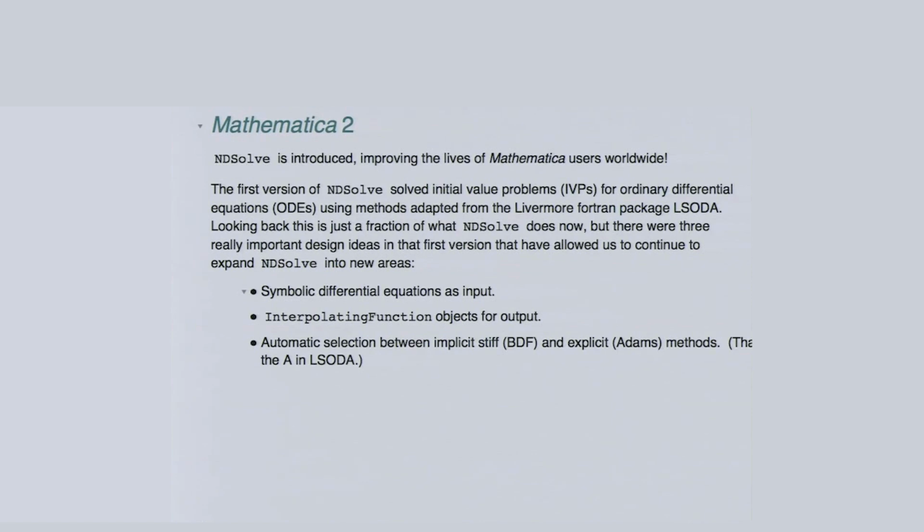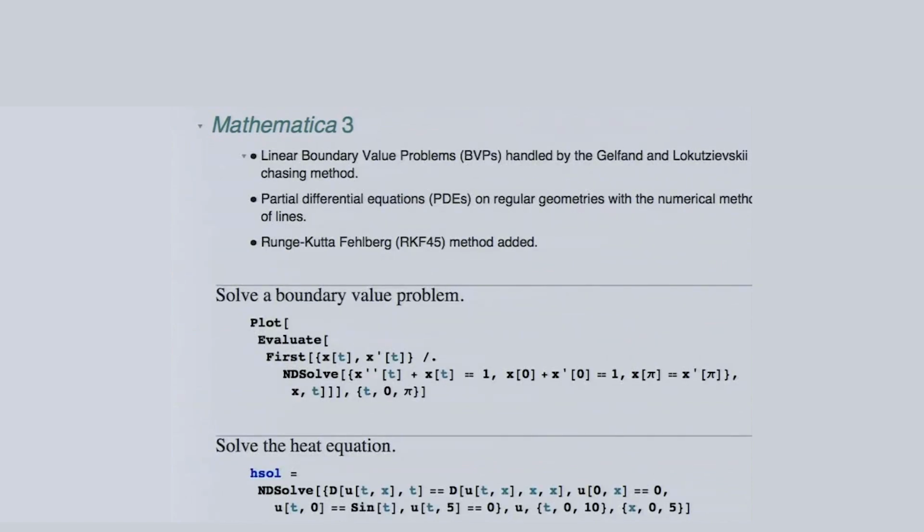So that was version 2, and those three innovations really set us up to be able to do a whole lot. Okay, so in Mathematica 3, we added a few more features. Linear boundary value problems, by this obscure Gelfand-Lokutsiyevskii chasing method, which took me almost a year and a half of reading the paper to realize was just a shooting method specialized for linear problems.